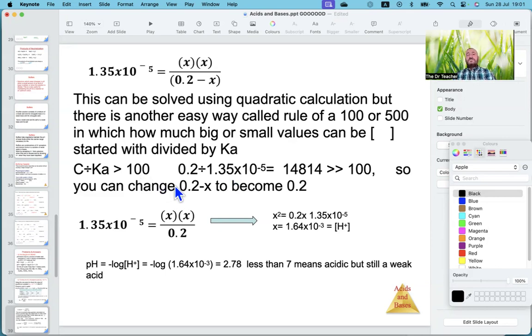Let's see. So when we divide the concentration 0.2 by the Ka, we found it 14,814, which is high, bigger than 100. What do we do? We ignore the minus x. So in this case, we ignore minus x, and only deal with 0.2. Why?